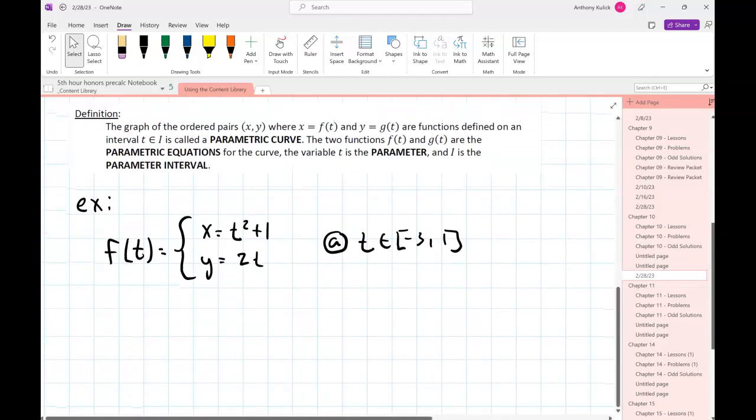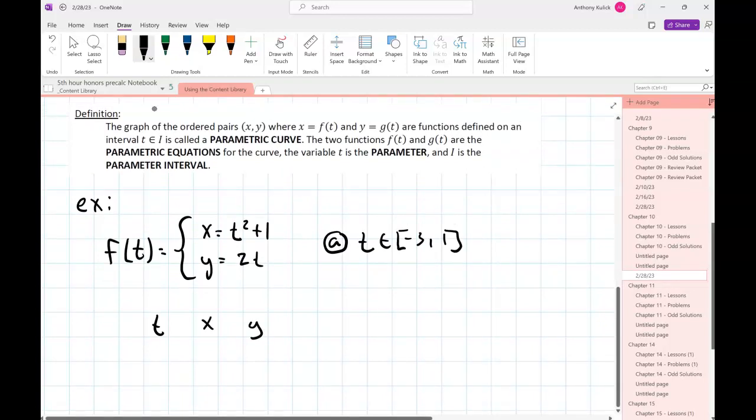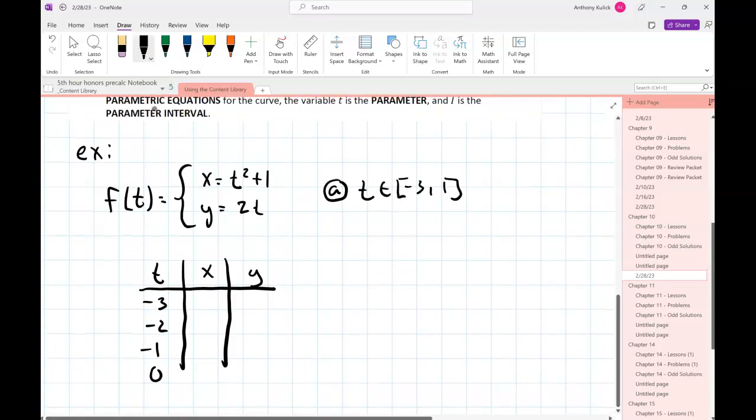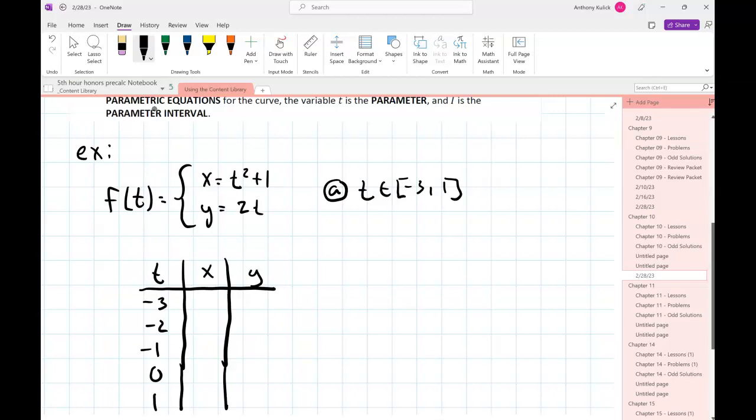So if I wanted to graph this, I'll make a little t, x, y table, and I'll just pick some values of t. I'll pick easy to do whole number values of t, and then we'll plug those in.